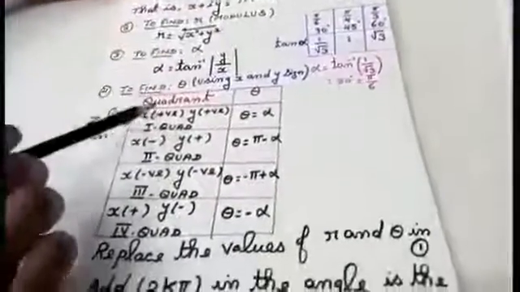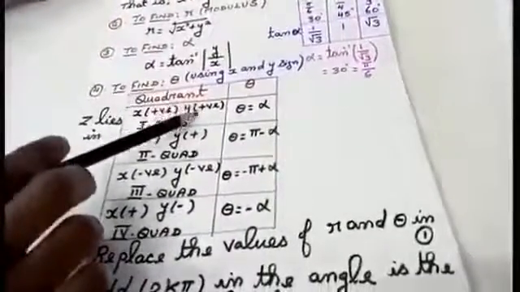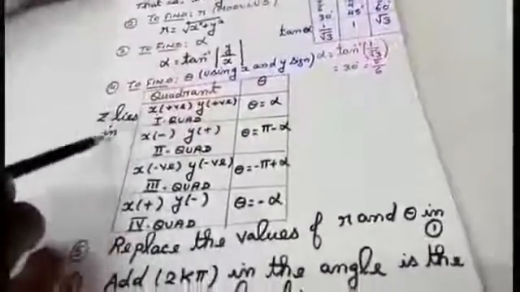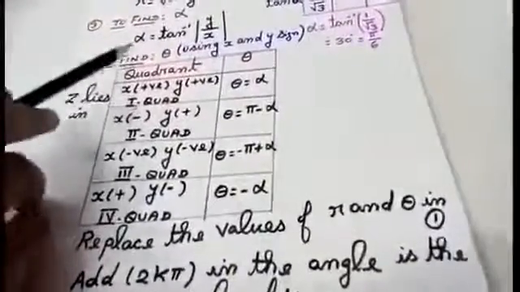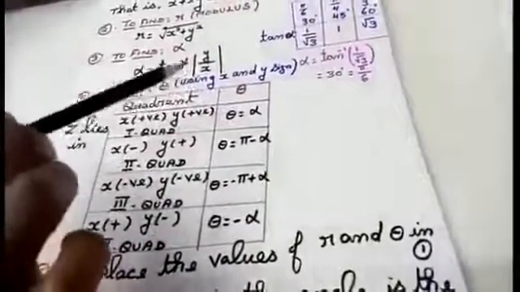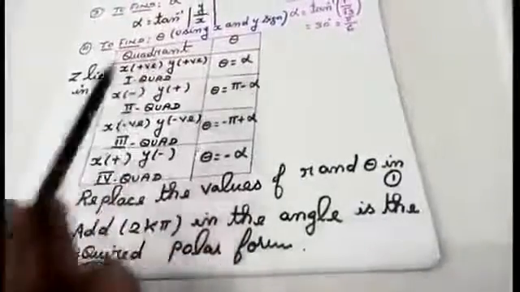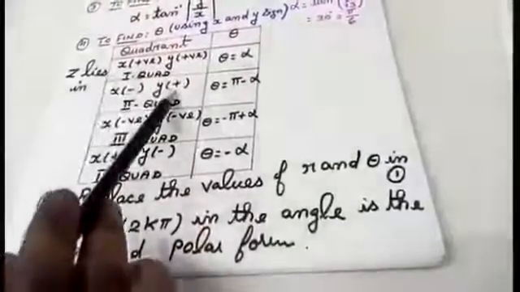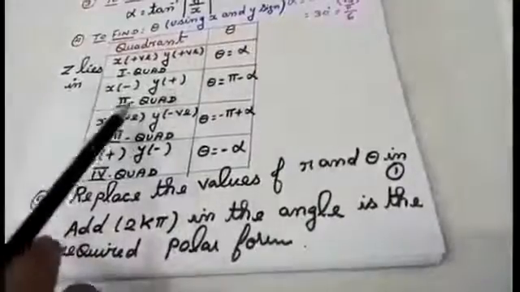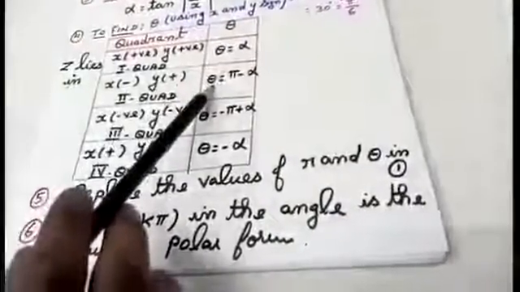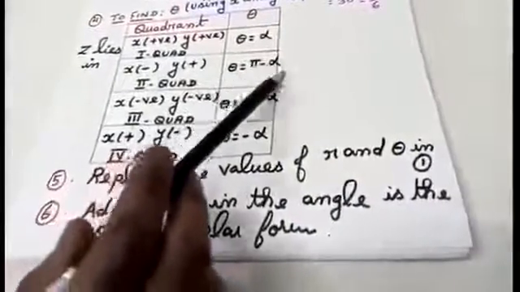Suppose x and y both signs are positive, I can say z lies in the first quadrant. Then theta equals alpha. Just keep this in your mind, students. You are going to memorize this concept, so it will be easy for you to do the calculation. If x is negative and y is positive, z lies in the second quadrant, and theta equals pi minus alpha.